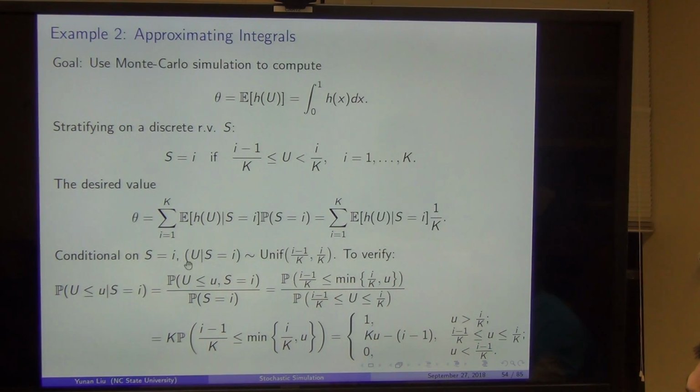All you need to apply here is Bayes' rule. So P(A given B) is equal to P(A and B) divided by P(B), and this condition says U is less than small u, and this condition says U is between these two interval endpoints, right? And this small u is picked within the interval, so these two conditions are combined into a subset.